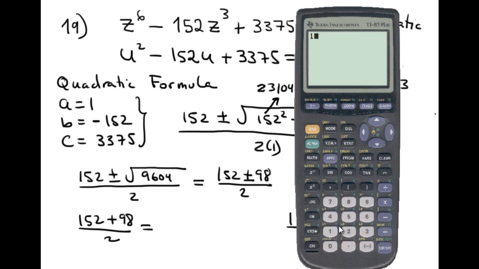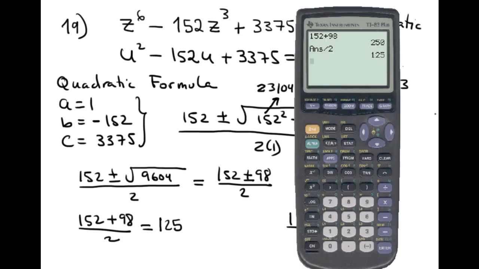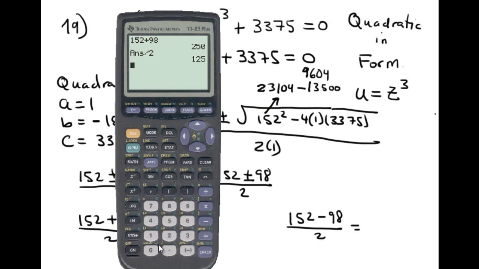So 152 plus 98 divided by 2 is 125. And 152 minus 98 divided by 2 is 27.